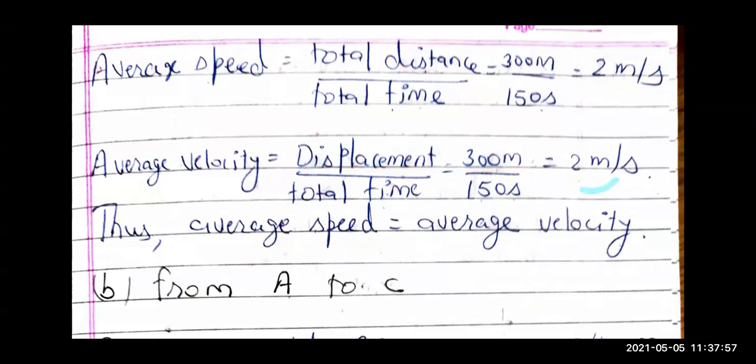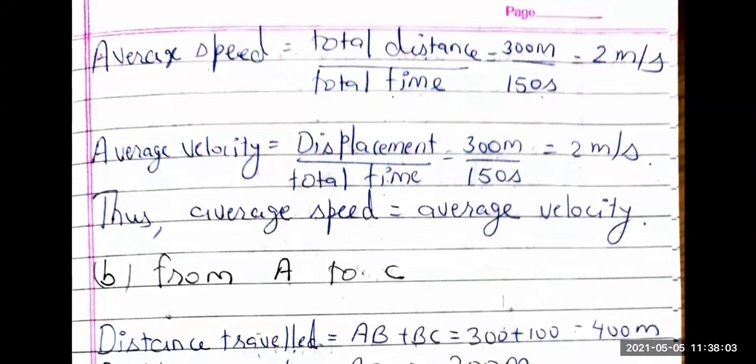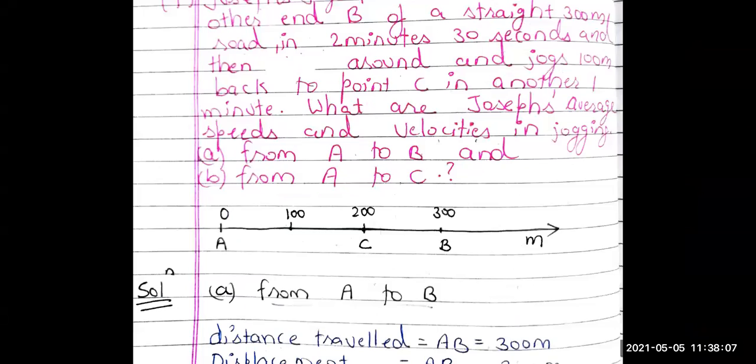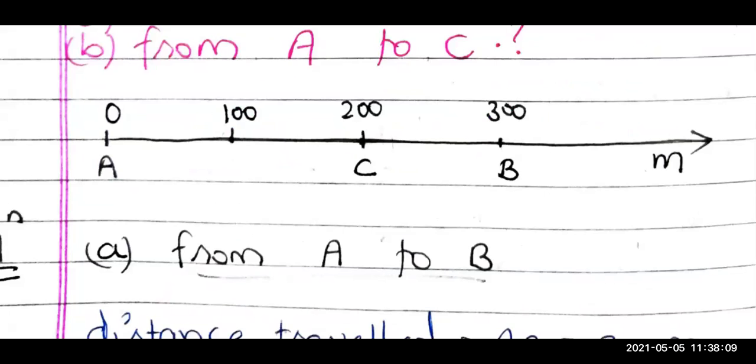Now let's see what will be the case from A to C. Now children, be careful. Let's return to the diagram. A to C. Let me zoom the diagram and we will find out the distance and time over here. When he is going from A to B, distance is 300 meter. Then he is returning to point C, which is a distance of 100 meter.